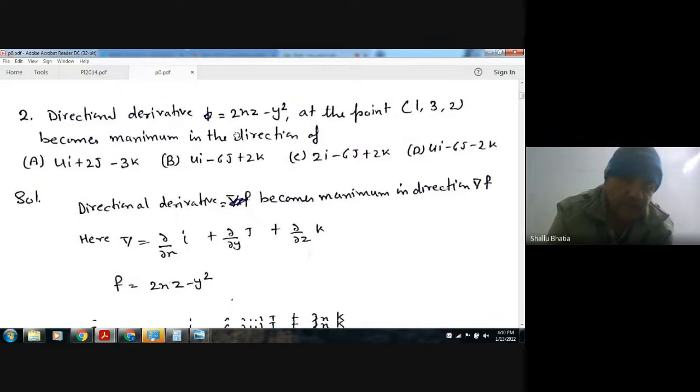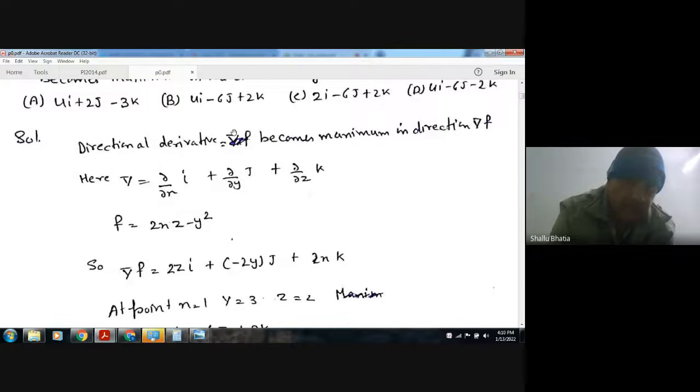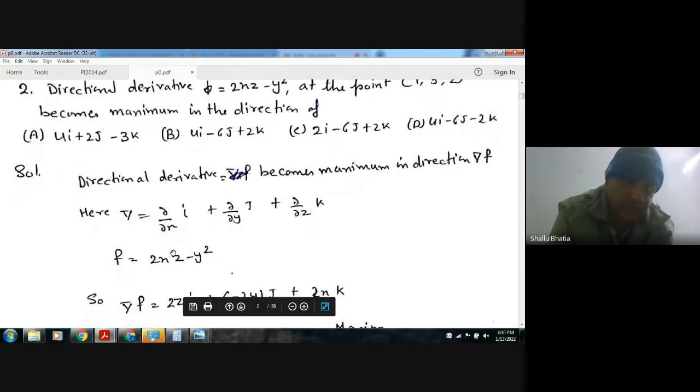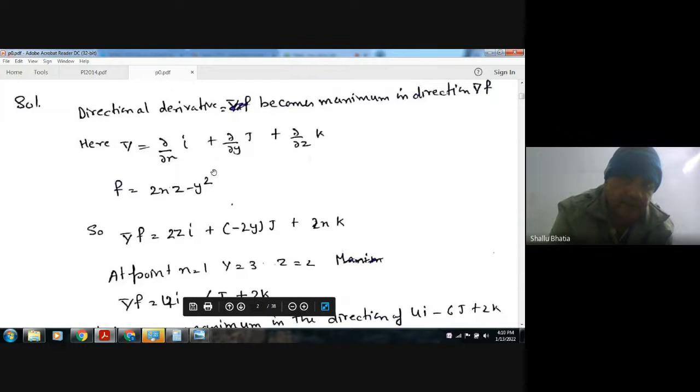So finding this value, it will be differentiation of f with respect to x, which is 2z i, then minus 2y j, and 2x k. So this is your del f.